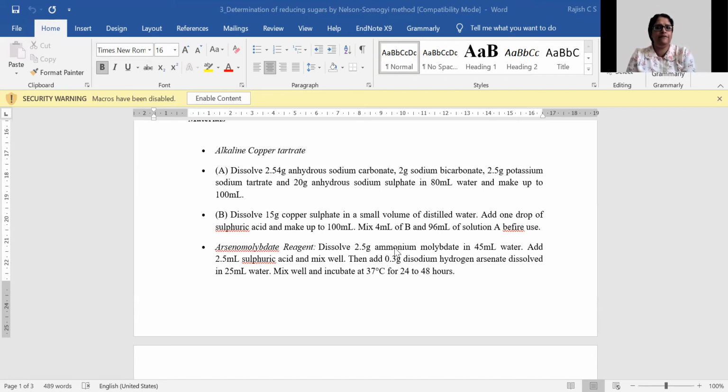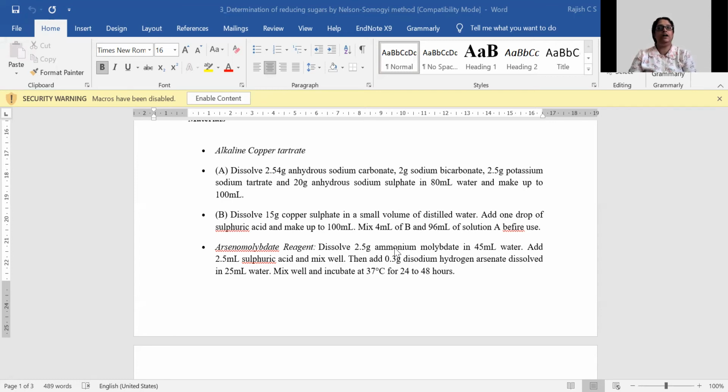Like if you are taking 100 ml of water and then you are adding salt to it, the volume increases. And so the required molarity of the substance is not maintained, because say if you take 100 ml of water and then you are adding all this salt, like you are adding 20 grams of anhydrous sodium sulfate, and even the rest of them like 2.54 grams, 2 grams, 2.5 grams.